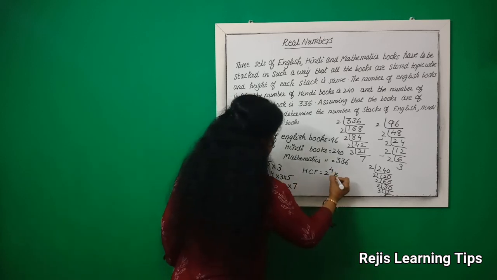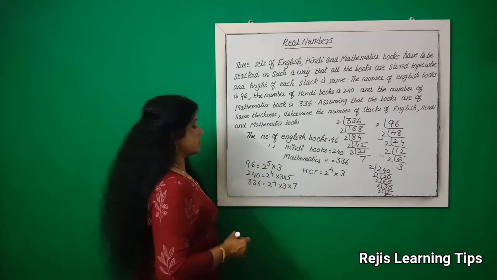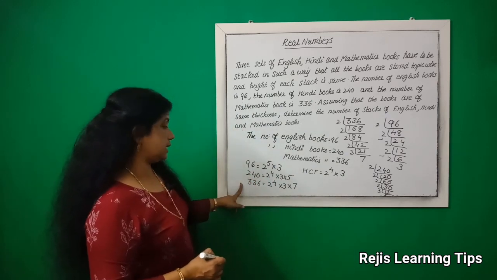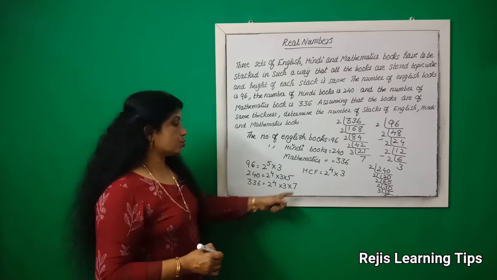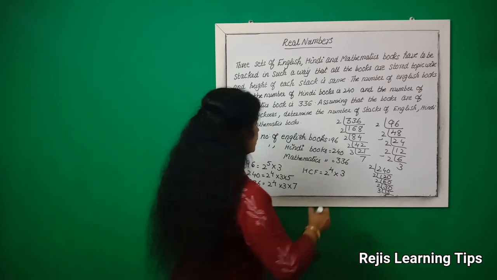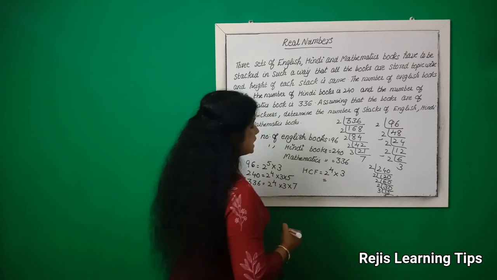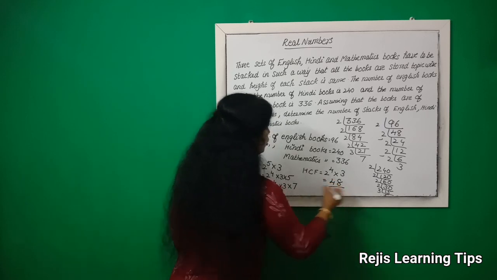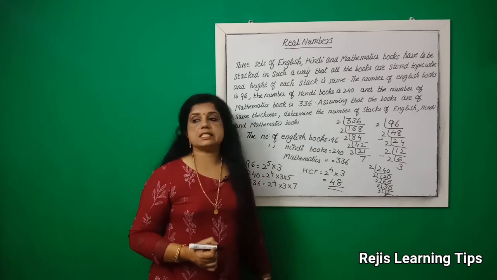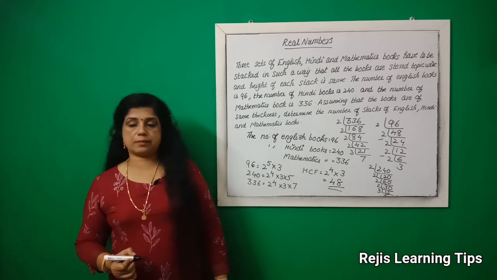From that, we should write here 3. Then 5 and 7 are not common in these 3 numbers, so we should not write 5 and 7. So HCF is equal to 2 raised to 4 into 3. 2 raised to 4 means that is 16. 16 into 3 means that is 48. Then 48 is the HCF of these 3 numbers.